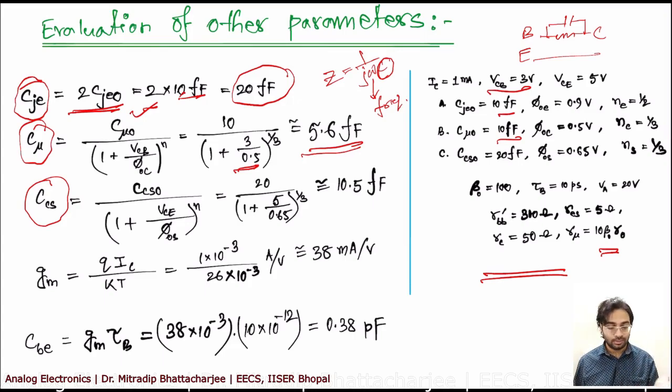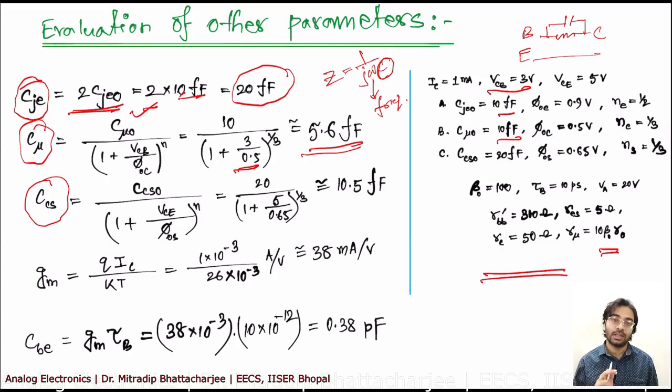However, we are calculating these values based on the values given. The effect of them may vary, not the value of C. Value of C is there, but the effect of these values will vary with frequency, because ultimately the impedance is what you are looking for in the circuit, right? So the effect of this is frequency dependent.